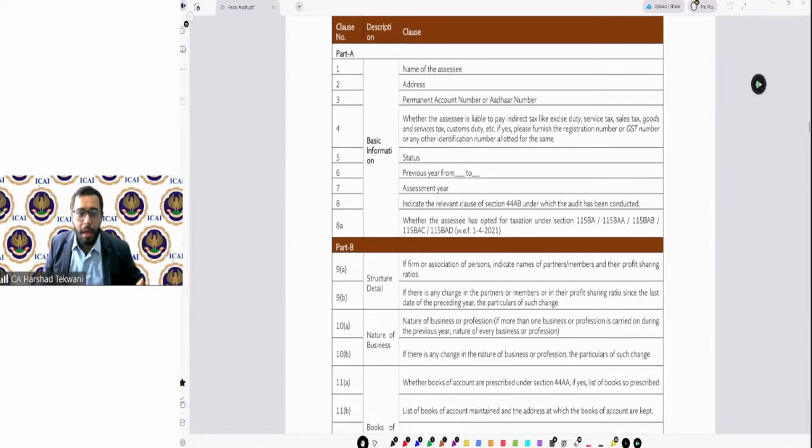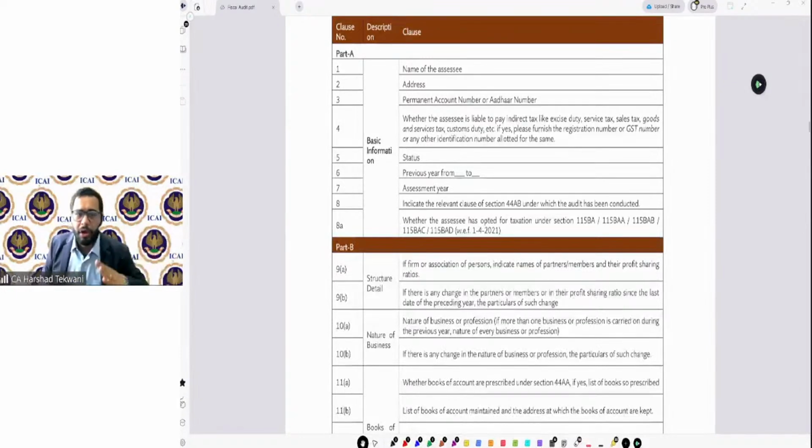Now let's start. As I told you, form 3CD is divided in two parts. Part A has the basic information details, where I get the basic information about the assessee: name, address, PAN, whether the assessee is liable to pay indirect taxes like GST, excise, service tax, sales tax, customs. Then, if yes, the identification numbers, status of the assessee, previous year, details of assessment year, under which clause section 44AB is applicable, and whether the assessee has opted for the presumptive taxation scheme or not.